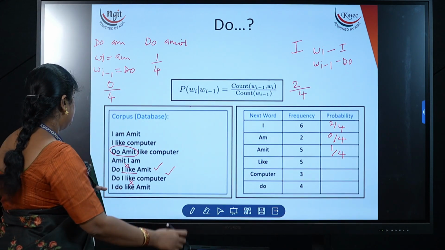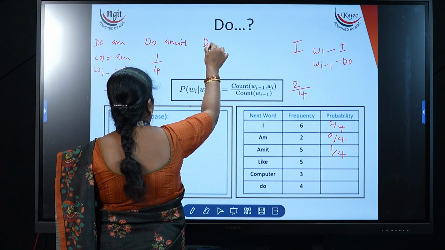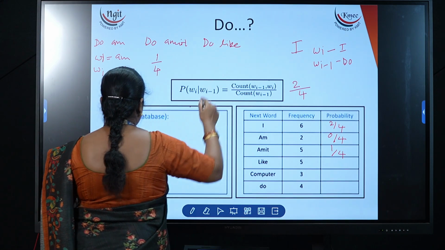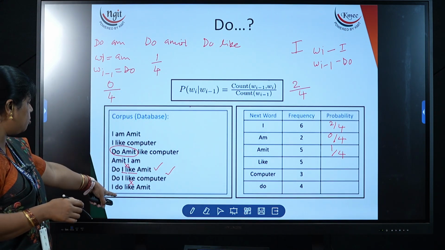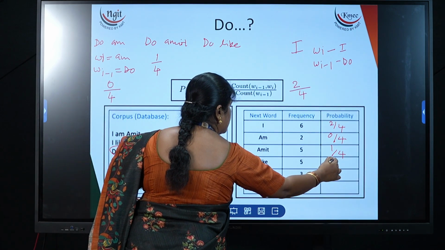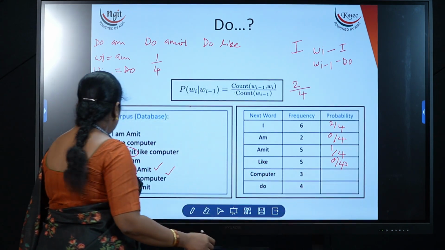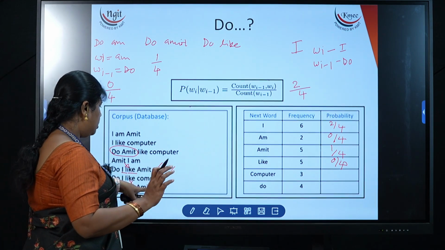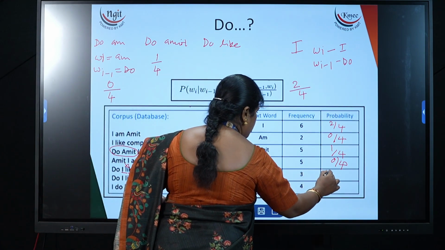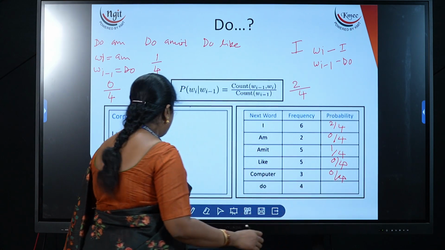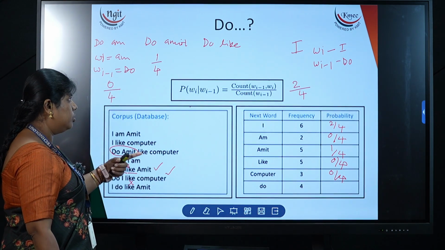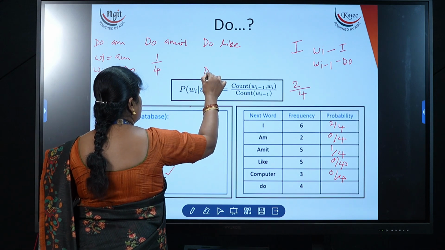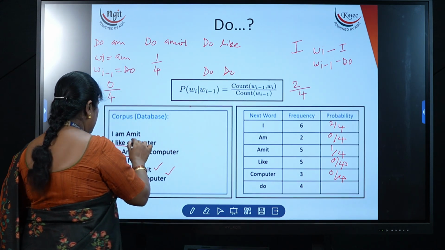Now "like". I want to find out "do like". Is there any combination with "do like"? No. So you will get 0 by 4. Next I want to find out "do computer". Is there any combination of "do computer"? No. So 0 by 4. After "do", the last one is again "do". Is there any "do do"?